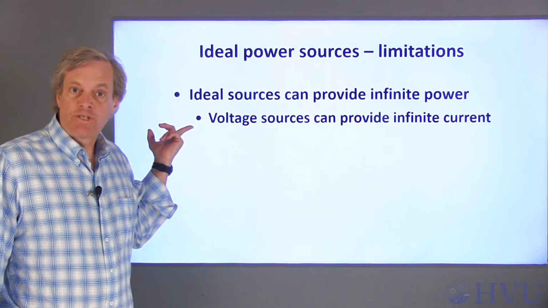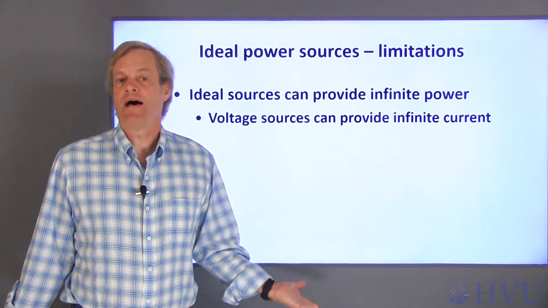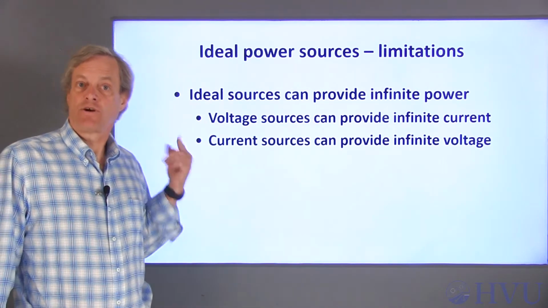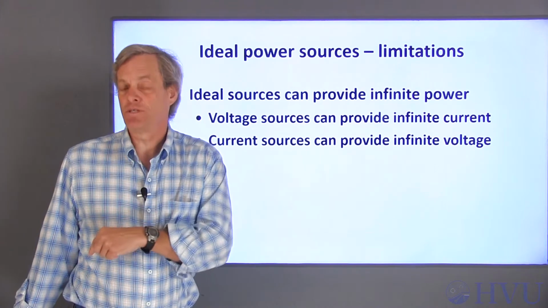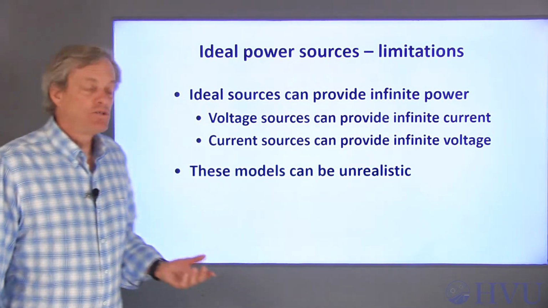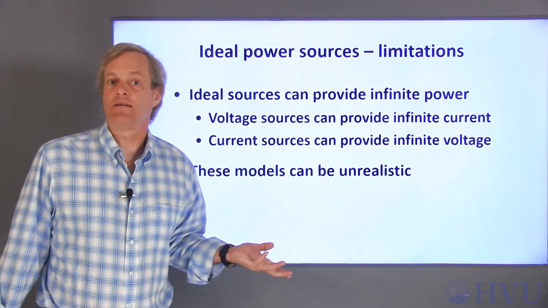Since an ideal voltage source can provide any current, the current can be infinite, which is impossible for a real device. Likewise, since an ideal current source can provide any voltage, the voltage can be infinite, which is also impossible. So depending on the circumstances, these models can be unrealistic.